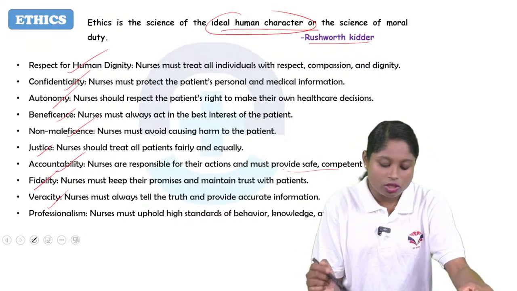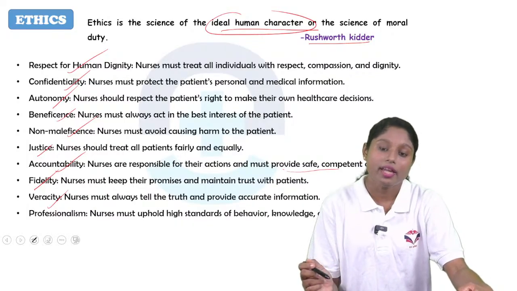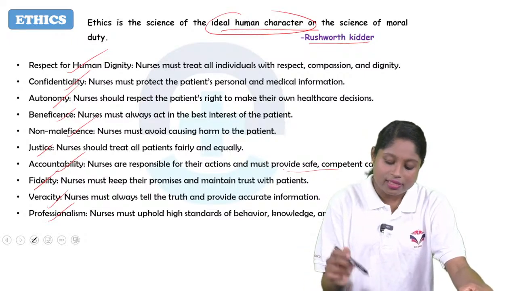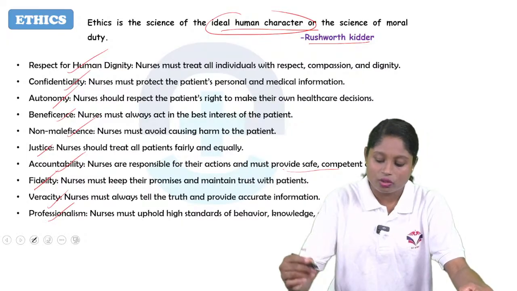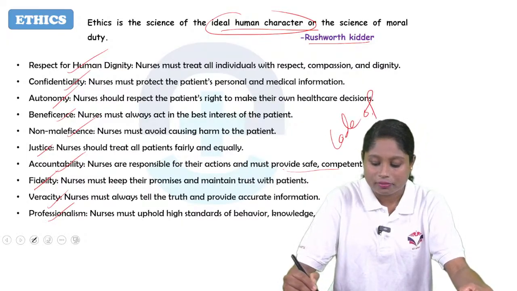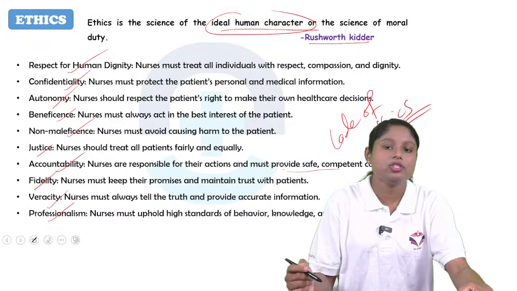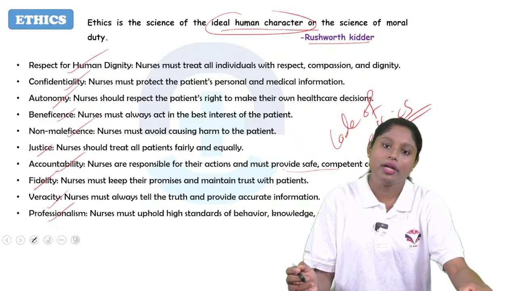Veracity. Nurses must always tell the truth and provide accurate information to the patient and family. Professionalism. Nurses must uphold high standards of behavior, knowledge, ethics and skills. So these are the codes of ethics. So what is ethics? It's the science of ideal human character or the science of moral duty.